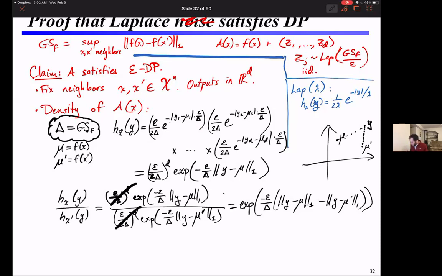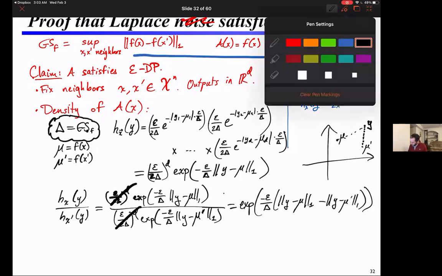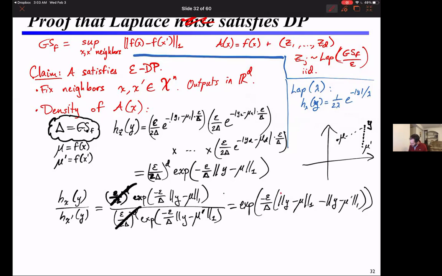What's not very hard to convince yourself is that the L1 norm satisfies a triangle inequality, just like the L2 norm, the normal Euclidean length of vectors. And so this difference here is never more than the length of mu minus mu prime, and it's never less than minus the length of mu minus mu prime. Okay, so it basically can't be too big.